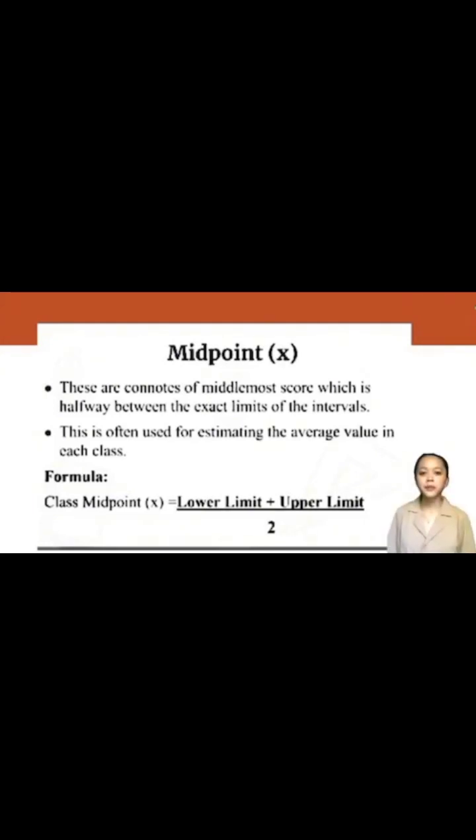For example, in the class interval 20 to 24, X equals 20 plus 24 equals 44, and then 44 divided by 2 equals 22. So our midpoint is 22. The same process is done for the other class intervals to get their midpoints.